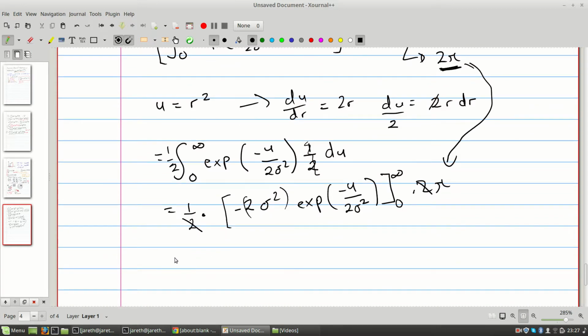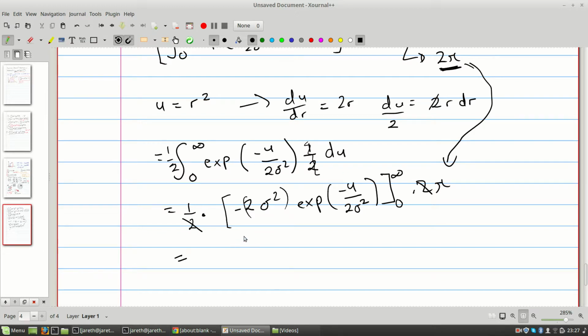So essentially what we're left with is, if we substitute infinity here, we'll have the exponent of minus infinity, and this whole term evaluates to 0, right?